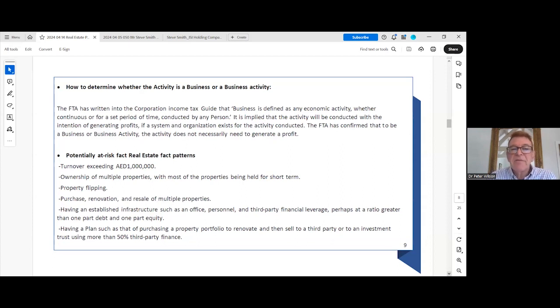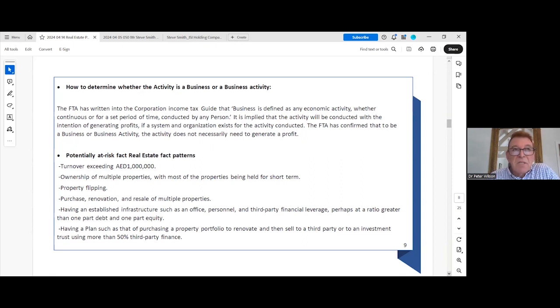But the FTA has written into the corporate income tax guide a definition of what it believes is meant by activity or business. And I'll read it out because we should focus on it. It says a business is defined as any economic activity, whether continuous or for a set period of time, conducted by any person.